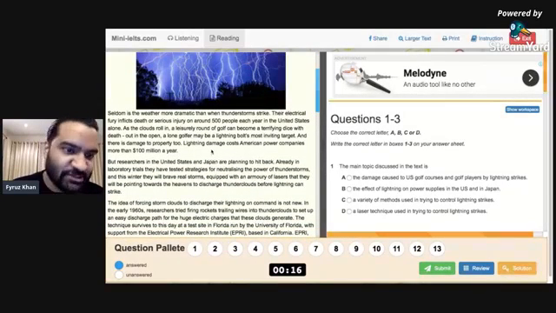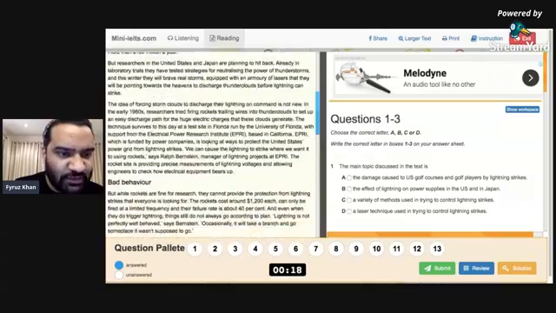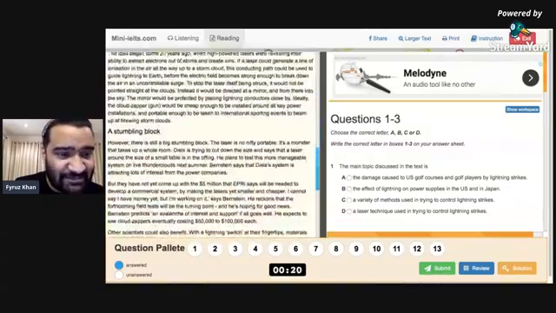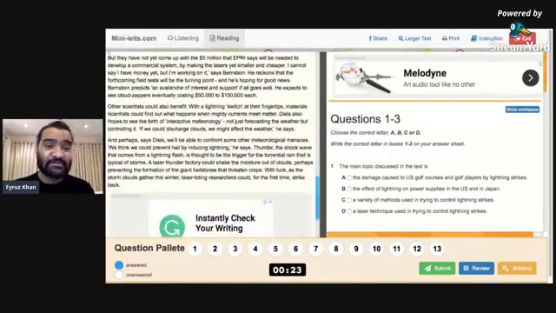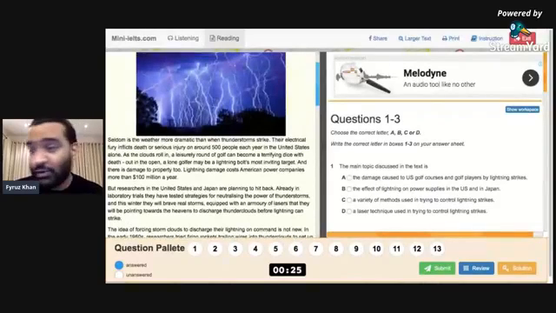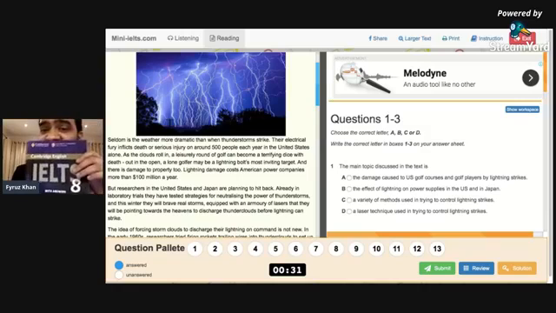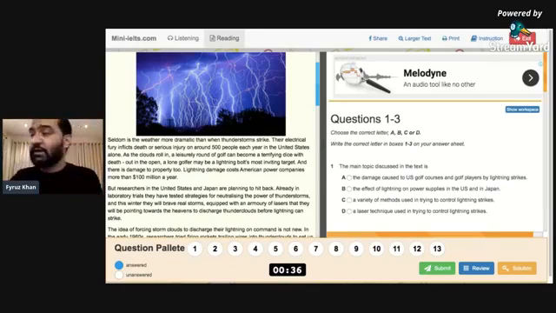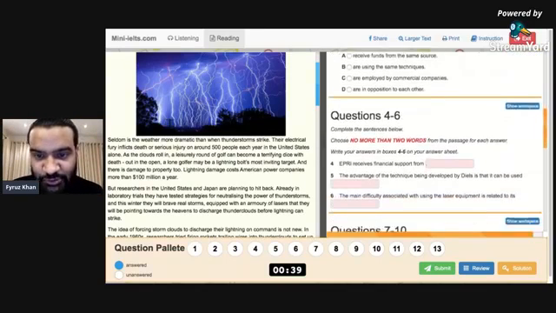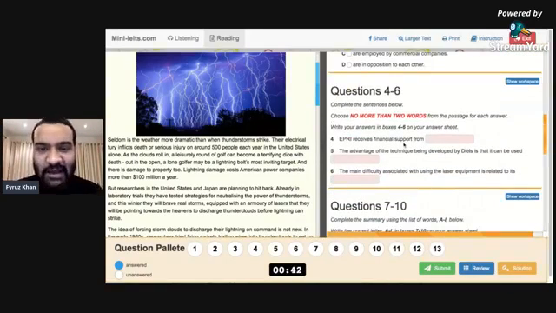There are 1, 2, 3, 4, 5, 6, 7, 8, 9, 10 paragraphs. This passage is taken from your Cambridge IELTS book 8. It's the normal book that you can find in any bookstore. So that's the passage. And on the right-hand side, I'm going to show you the question. There you go. Complete the sentences below.